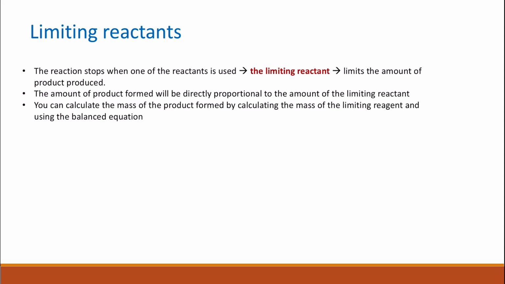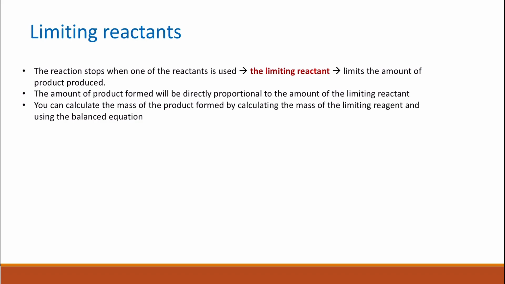because oxygen in air will be in excess, but once one of the reactants has been completely used up, the reaction will stop. This reactant or reagent is called the limiting reactant, because the amount of product that is produced will depend on the amount of the reactant in the reaction.